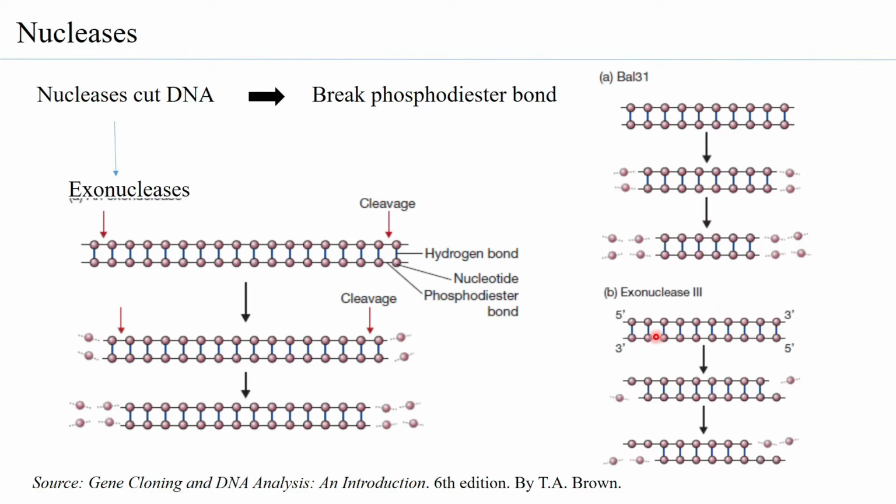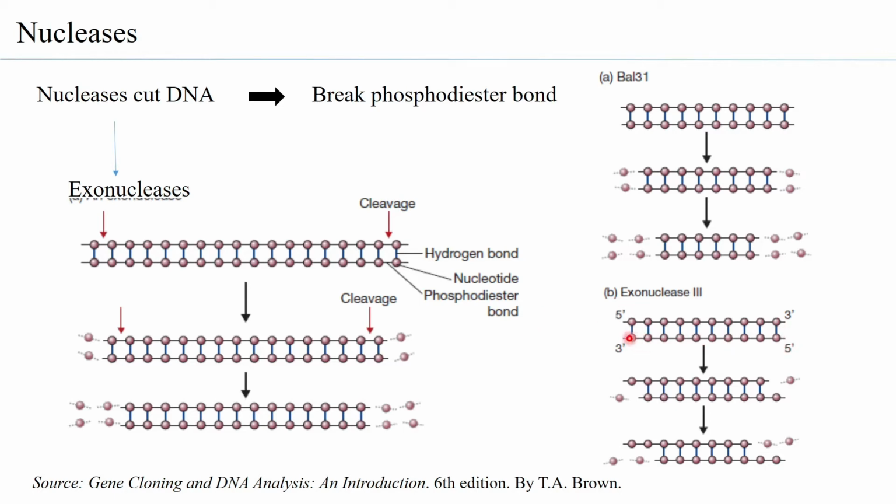Now you also have exonuclease 3. This is obtained from E. coli. This has a slightly different way of functioning in the sense that exonuclease 3 removes a nucleotide from the end, but only from one strand of the DNA, not from both the strands of the DNA.